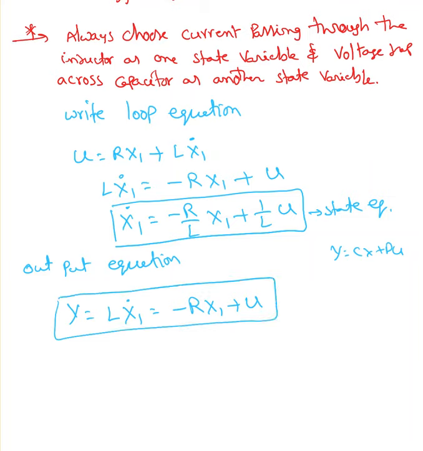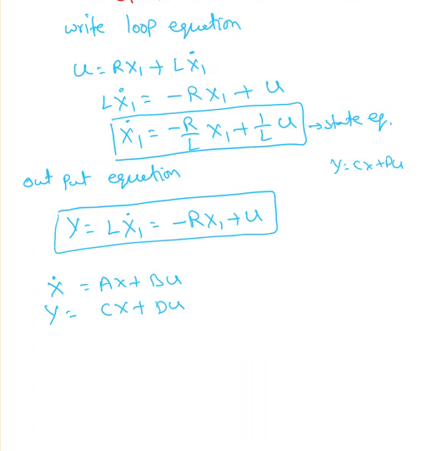If I write it in matrix format, x dot equal to Ax plus Bu, y equal to Cx plus Du. Here x1 dot equal to minus R over L x1 plus 1 over L u.